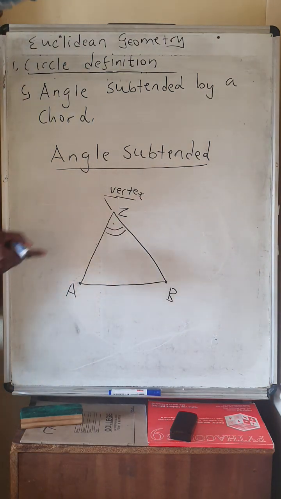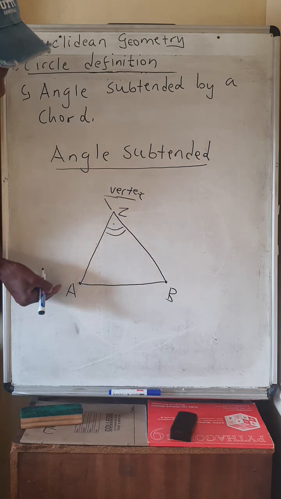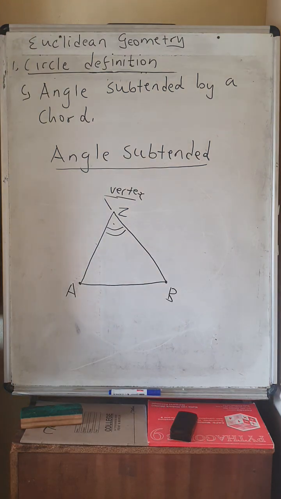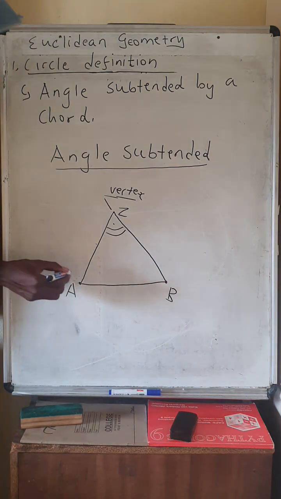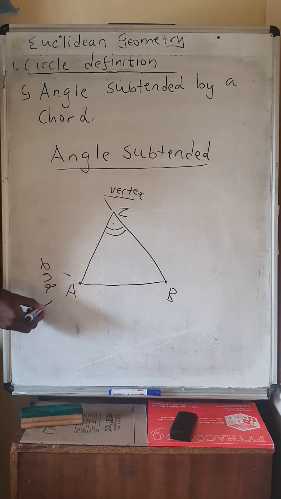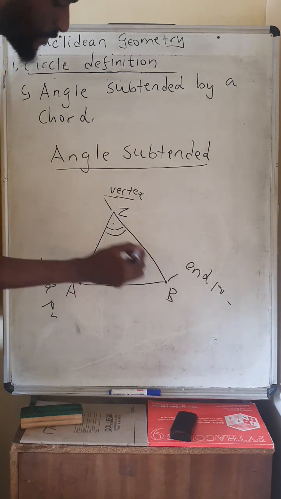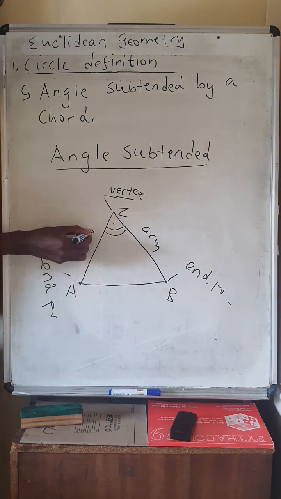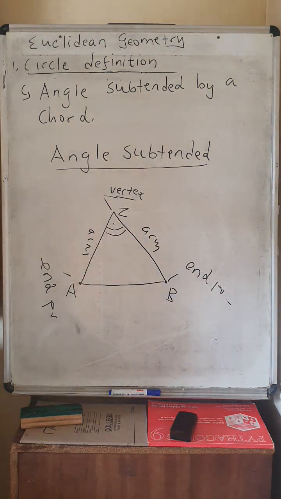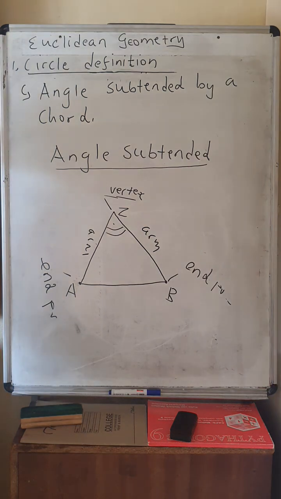Now you can see, this becomes angle Z. Are the arms of angle Z touching the end points of line segment AB? Yes. So this is an end point. This also is an end point. So this is an arm. This is an arm. So let us look at each arm. Is this arm touching an end point of line segment AB? Yes.